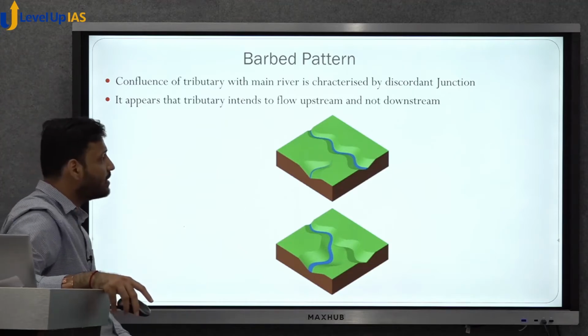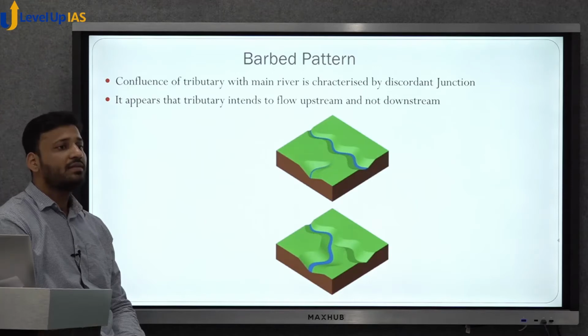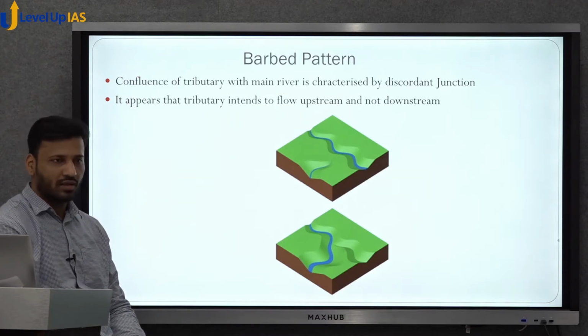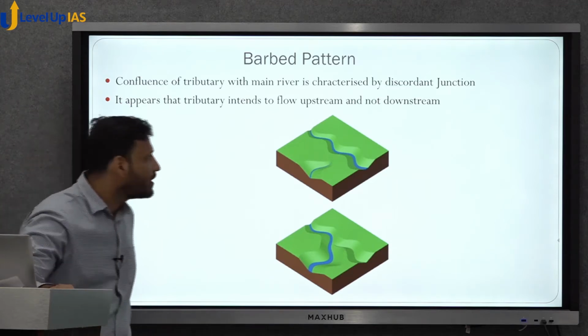Next type of drainage pattern is called the barbed drainage pattern. This pattern is because of the river capturing phenomenon. What do you mean by river capturing? River capturing means one river captures another river, it kidnaps another river. How is this kidnapping going to happen? So you can see over here.